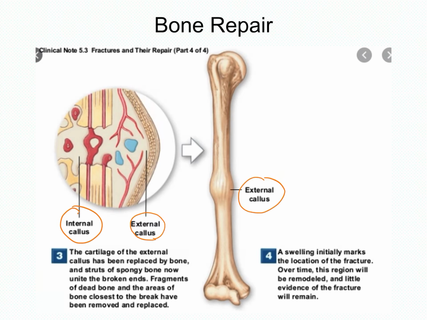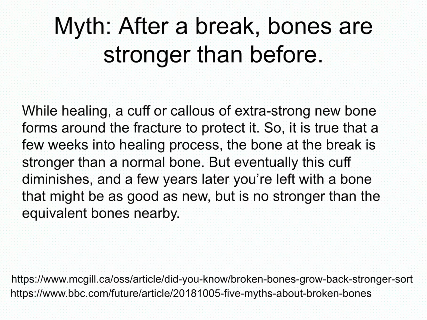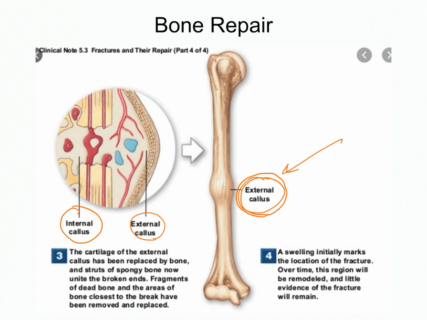But this external callus, I think, is what propels the myth that after you break a bone, the bone is actually stronger than before, and that has been disproven. While healing, when you have that cuff or callus, right, this right here, yes, it is stronger.